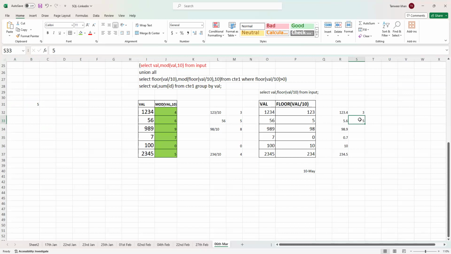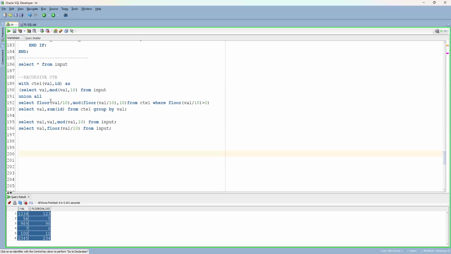So that is what I'm thinking: first of all, I will apply floor and I will get the number except the unit one, because the unit part I've extracted. Then on top of it, I will apply mod again, because again here the unit part is 3, 5 and all those things, right? So that is what I'm trying to do here in this second query.